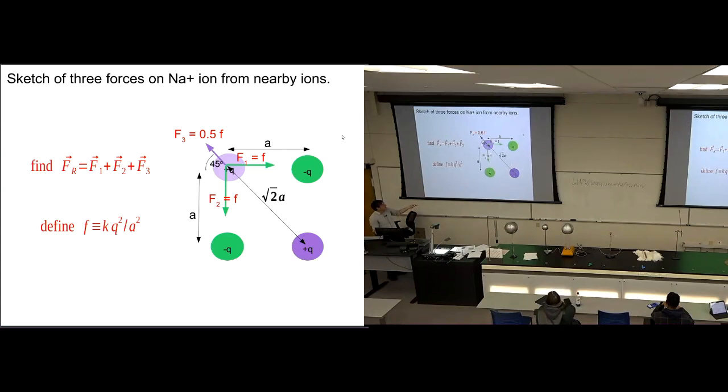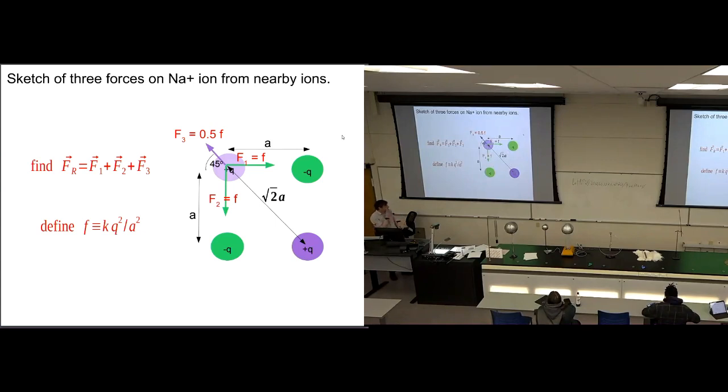There's an ion below it, an ion to the right of it, and another sodium ion over here at the opposite corner. Each of these pairs creates a Coulomb law force. So there'll be a force due to this bottom charge, a force due to this right charge, and a force due to this opposite charge. And it's those three forces that we want to add.